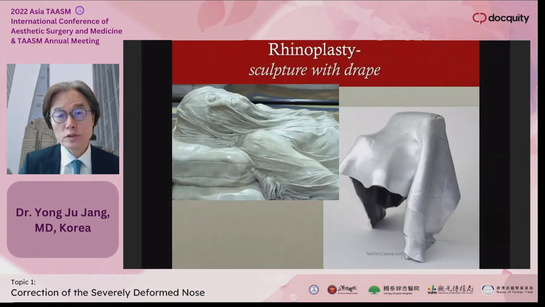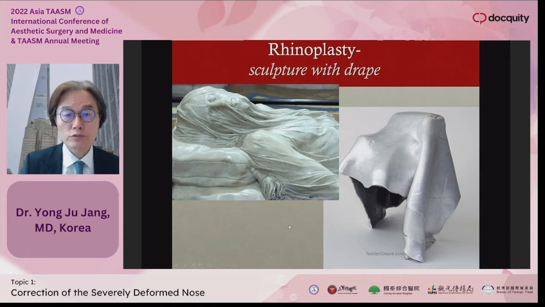But you have to understand that rhinoplasty is a sculpture with a draping. So we can do very nice work in sculpting the skeleton. But the real important factor in successful rhinoplasty is the drape. So if you don't have good skin soft tissue envelope, you cannot perform a nice rhinoplasty.